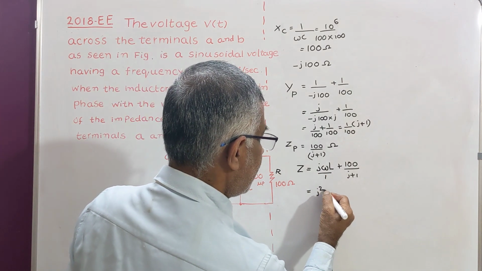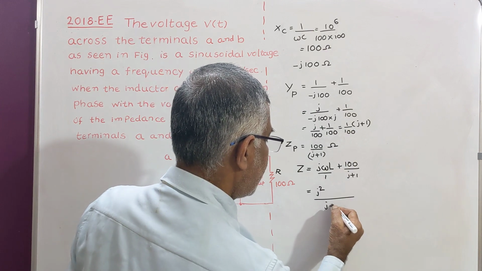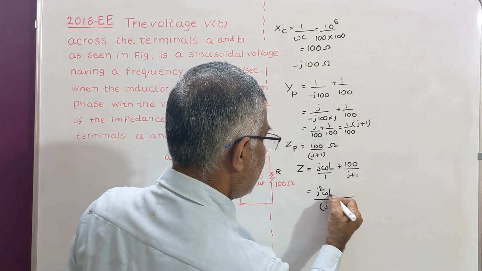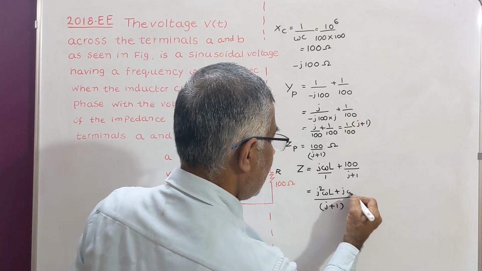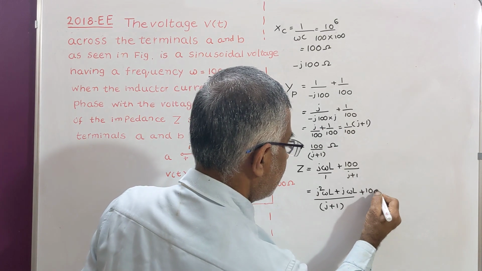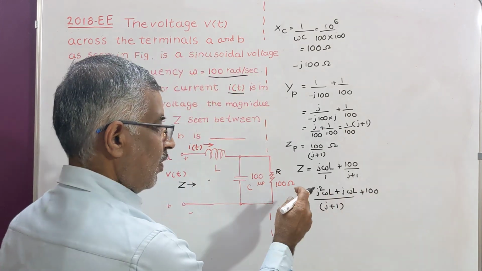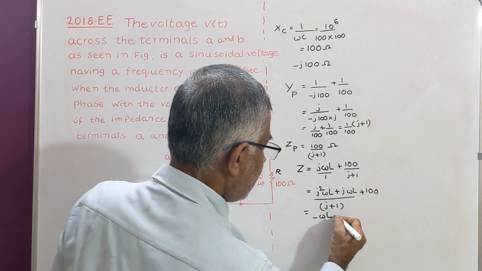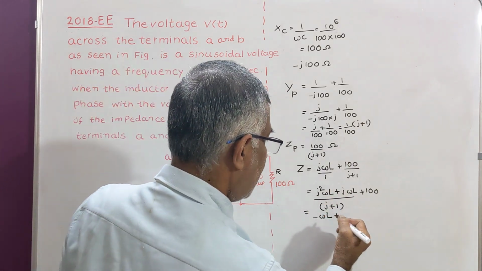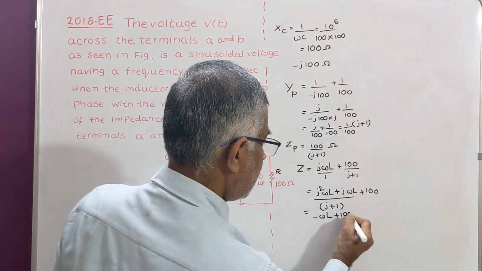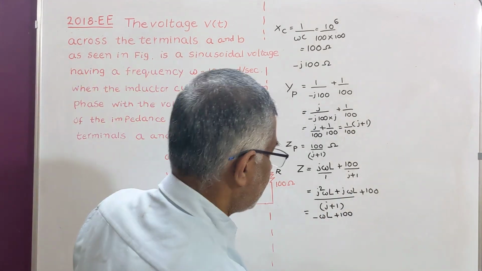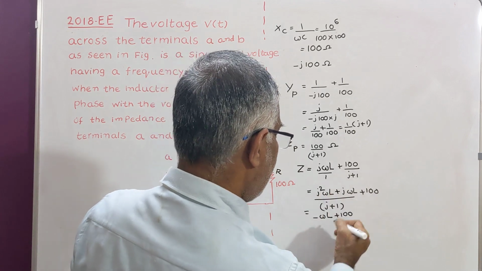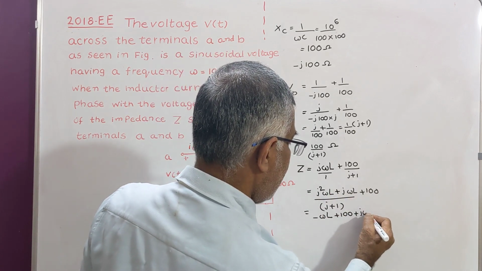J squared omega L plus J omega L plus 100 equals, J squared is minus 1, therefore minus omega L plus 100 plus J omega L.